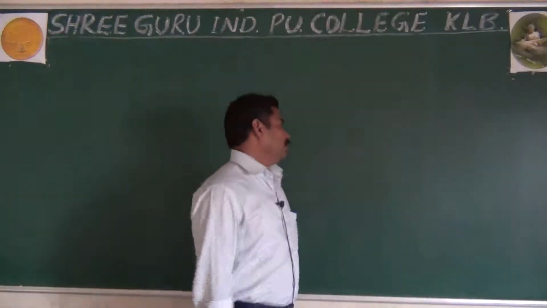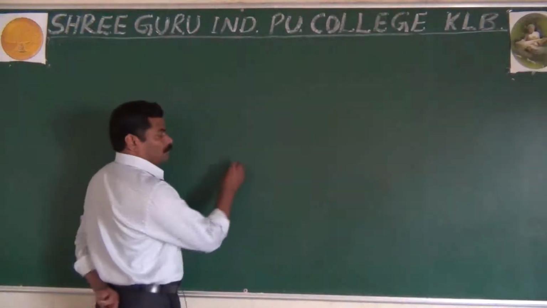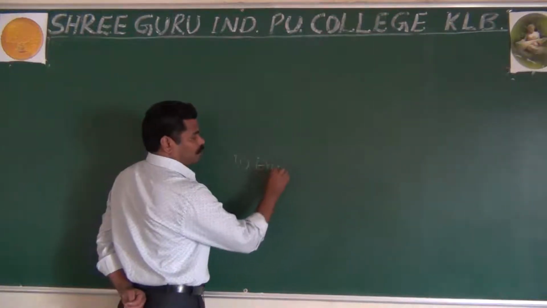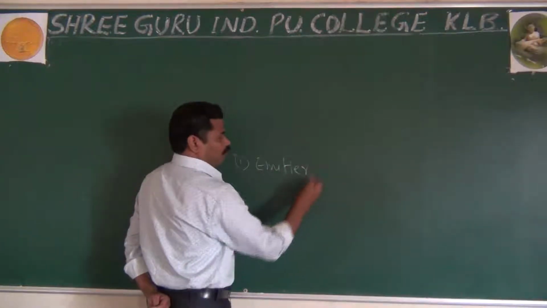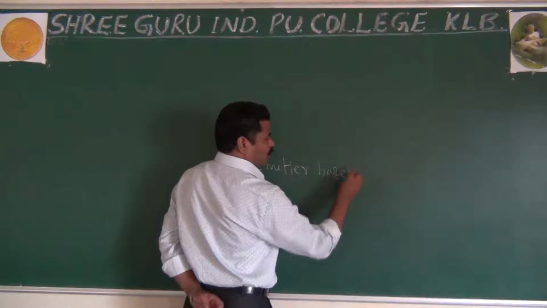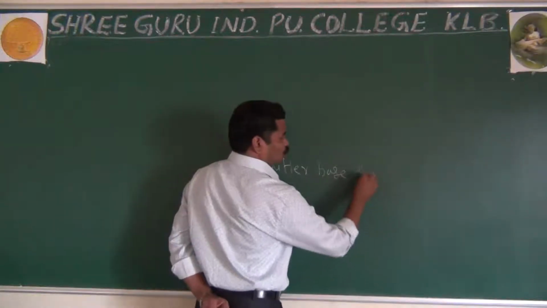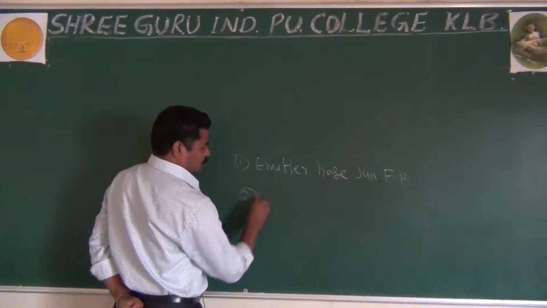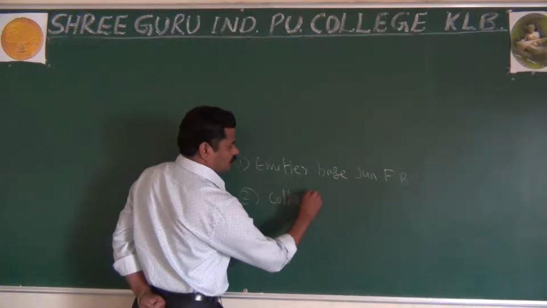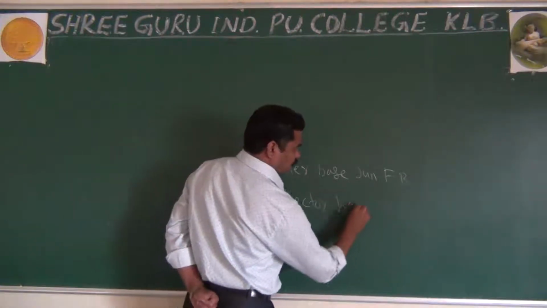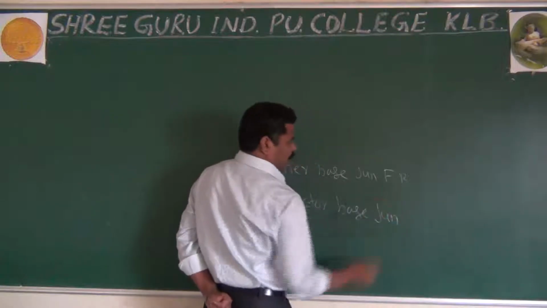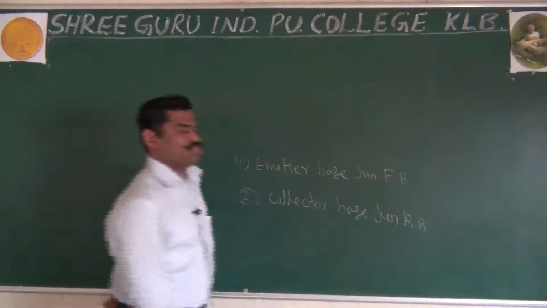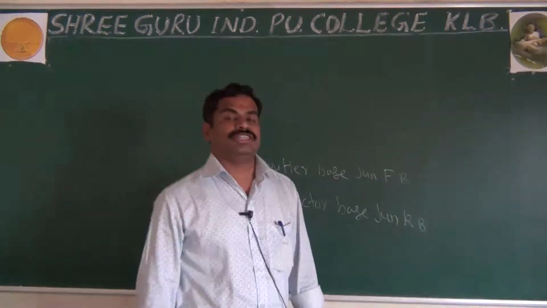It means the normal condition of an amplifier is that the emitter base junction should be forward biased, and the collector base junction should be reverse biased. If these two conditions are satisfied, then only your transistor acts as an amplifier.